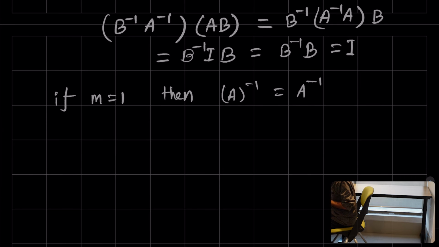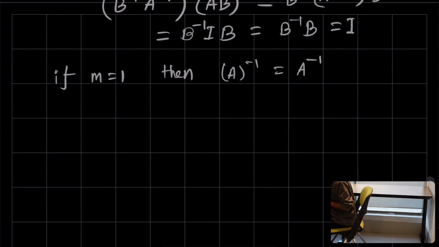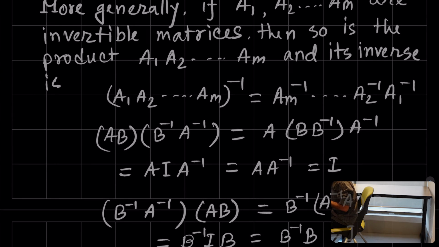And now I'm going to take the assumption that the second part of the proposition is true for M equals some number K. And from this assertion, I'm going to prove that the second part of the proposition is also true for M equals K plus 1. And if I can show that, by the induction method, I can say the proposition is true, right?